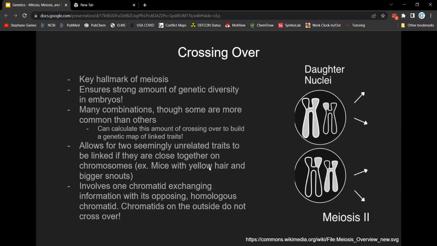And so this leads to a large amount of genetic diversity, and also lets you differentiate meiosis 2 from meiosis 1. So this is a good hallmark of meiosis and the meiotic phases.